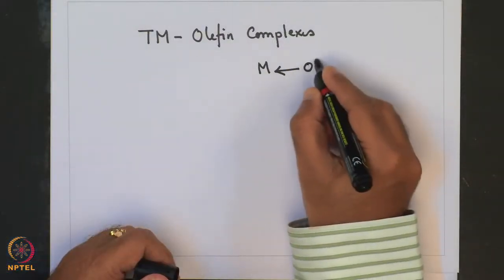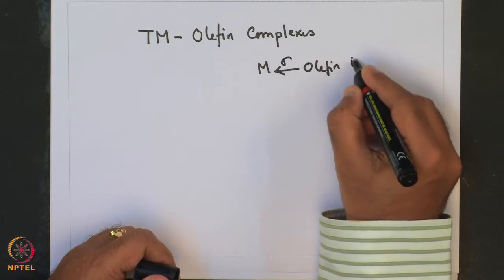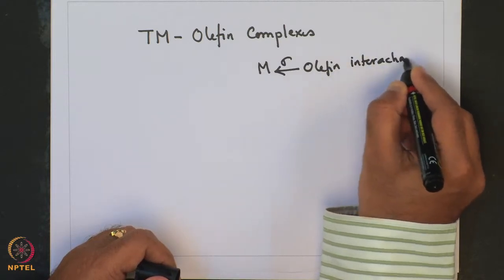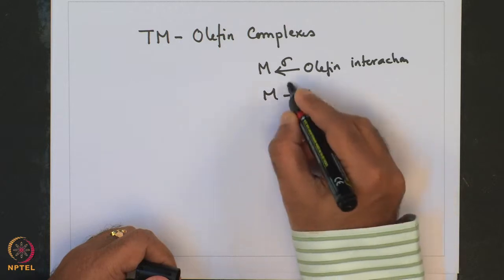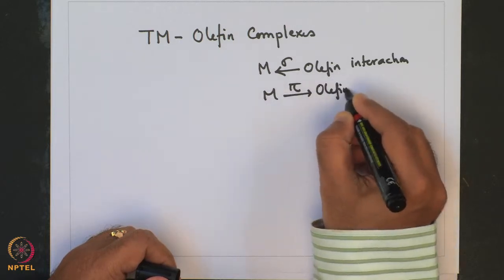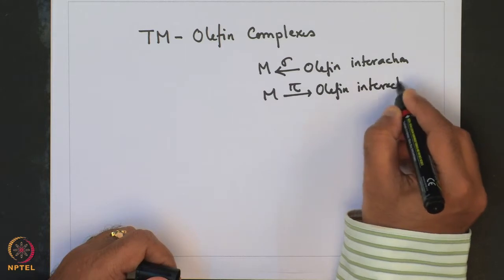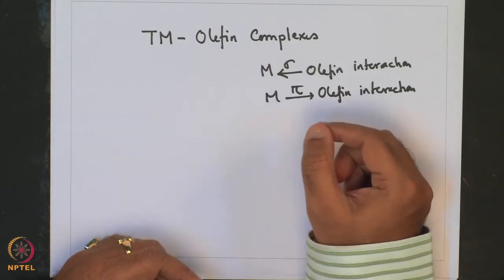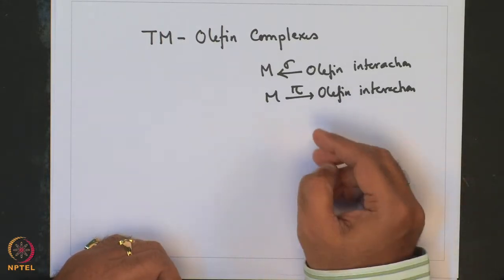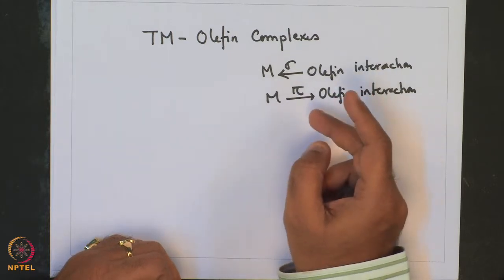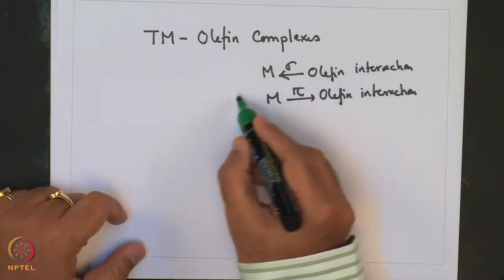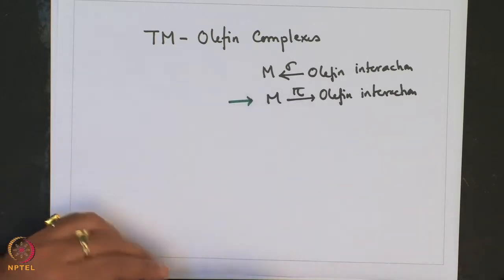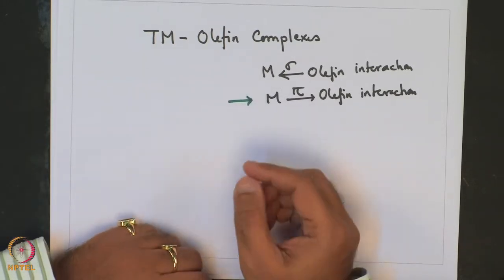Now, these two interactions, that is olefin to metal sigma interaction and metal to olefin pi interaction, are extremely crucial in understanding the reactivity of transition metal olefin complexes, and we had seen that even though both the interactions are important, of these the transition metal to olefin pi interaction is very significant.